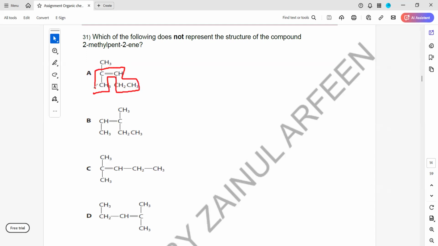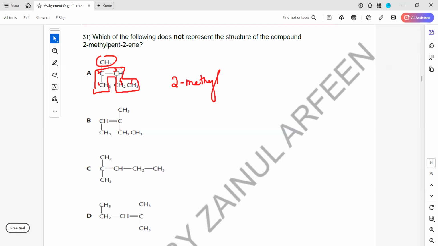So maximum, for example, if I select here, I will also have 5. If I count from here, 1, 2, 3. If I count from here, 1, 2. So at the second position I have a double bond and the branch, so I'll give priority to the second position. Counting from here, 1, 2, 3, 4, 5. At the second position we have a methyl group, so I'll say this is 2-methyl.